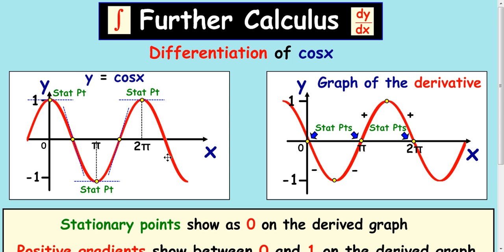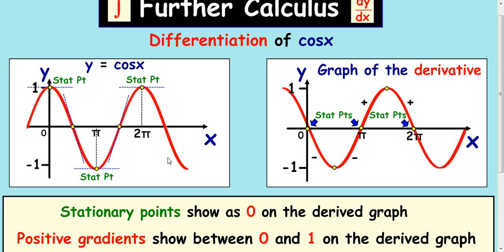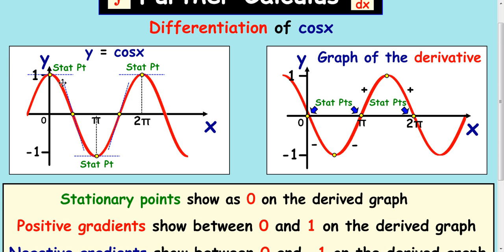Now, a quick look at the differentiation of cos x, we can do the same thing. We can look at the stationary points and we can put them down to 0 on the graph of the derivative. You'll see that happening here and also here, going down to 0 at the end, and also here, going up.